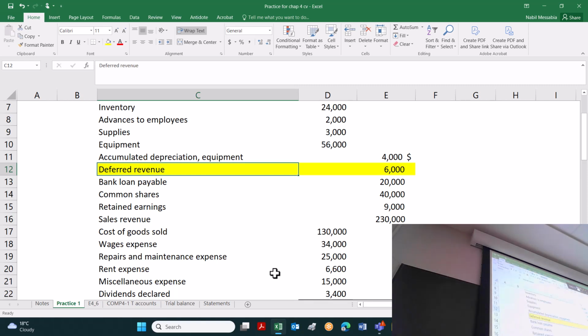We received the cash, $6,000. At that time, none of the goods were delivered. But this happens maybe in August, maybe in May. We are now in December. When we come to December, 2/3 of the goods that are concerned with the $6,000 are now delivered, right?